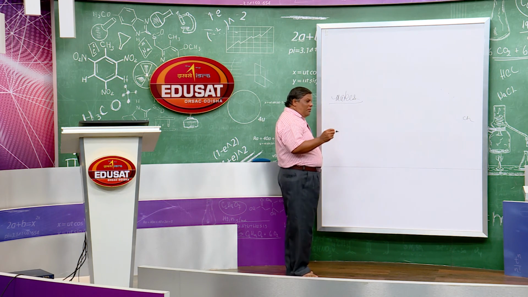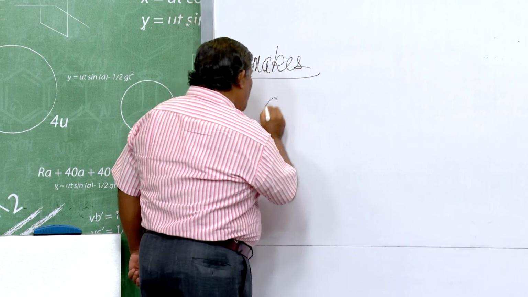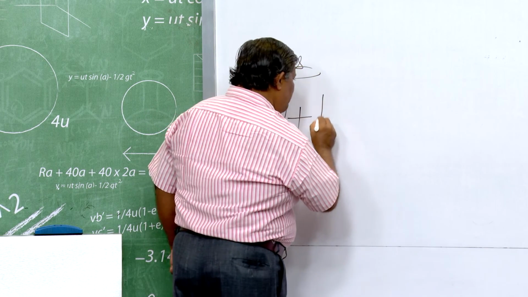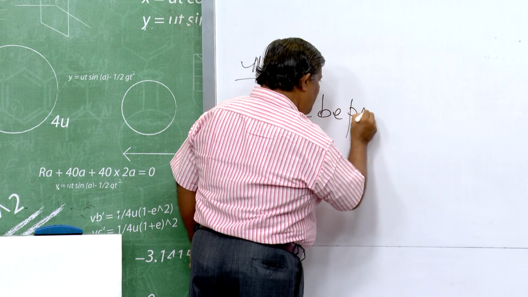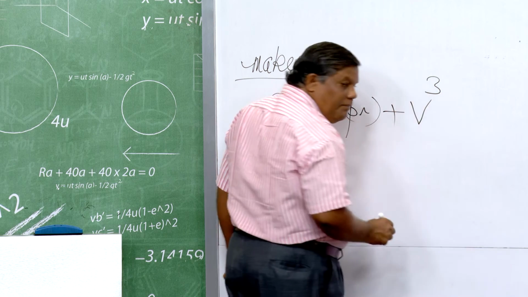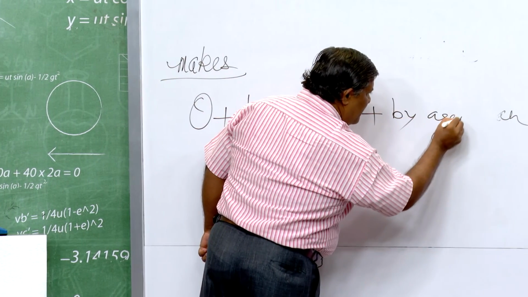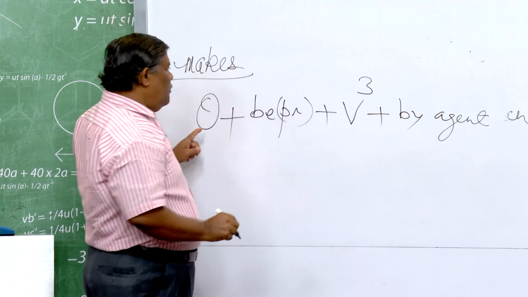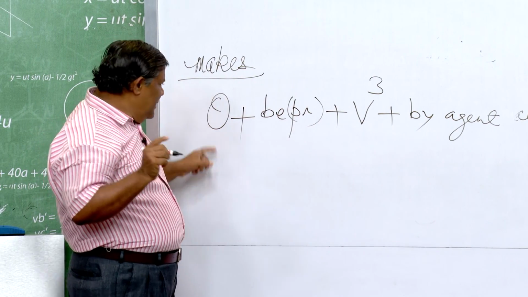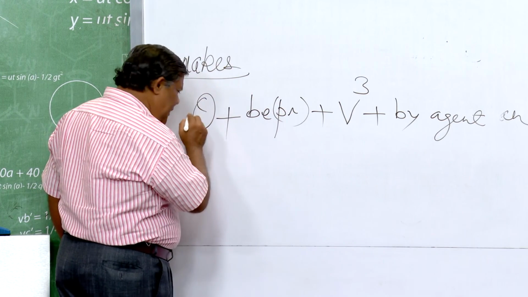When we make it passive, the form is: object first, then be present plus V3 plus by agent. So, for 'The man makes beautiful kites', the object kites is placed first.